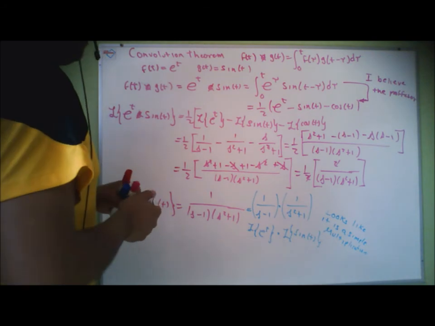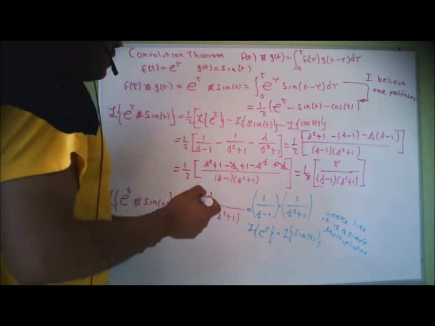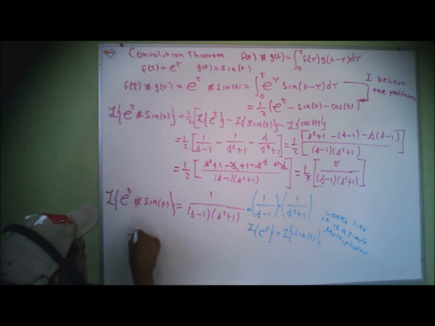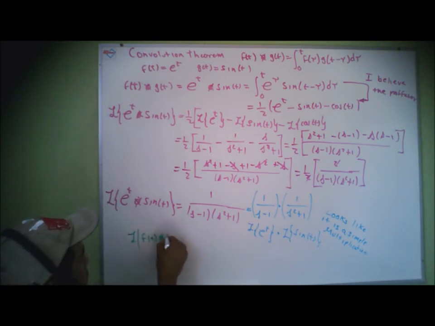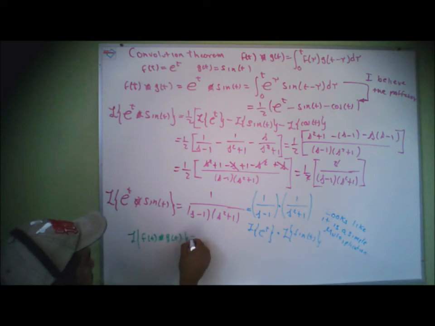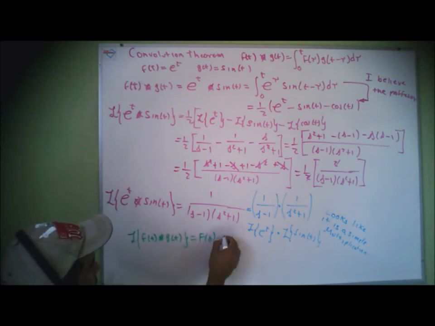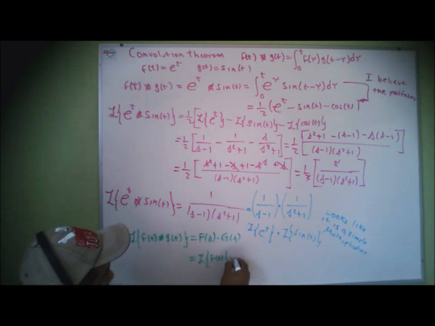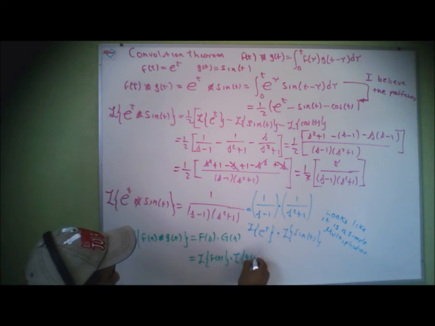And this is why we see the convolution on the Laplace transform. It turns out that the Laplace transform of f of t convolution with g of t is simply F of s times G of s, the Laplace transform of f of t times the Laplace transform of g of t.